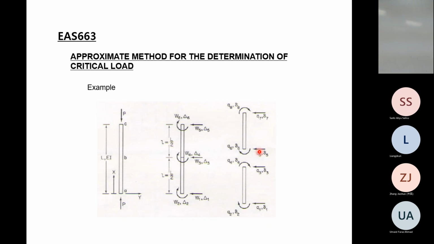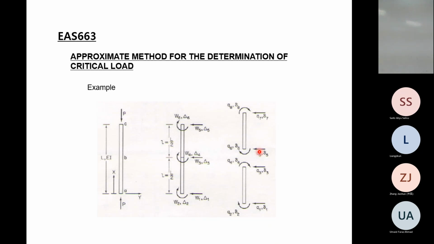If you have one more, then you decide which is the starting end, so you start with delta 9, Q9, and then go until delta 12, Q12. So it comes in a set of 4 displacements and also 4 nodal forces.